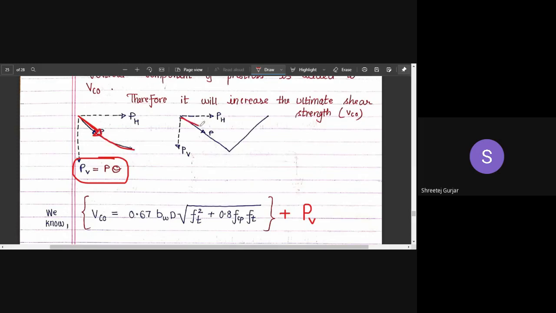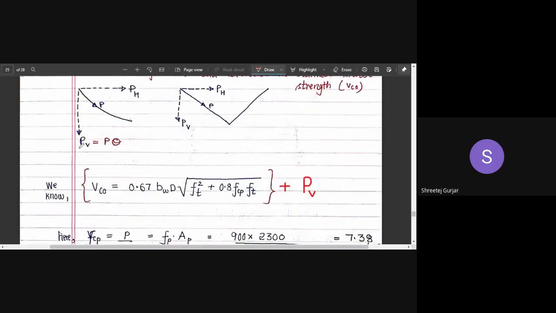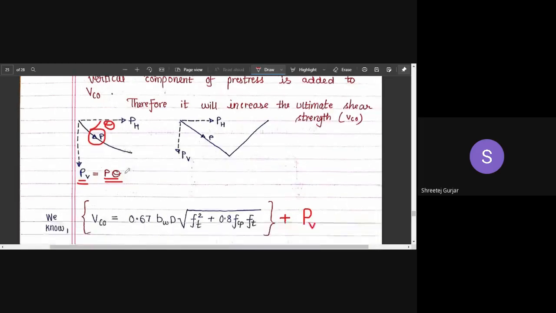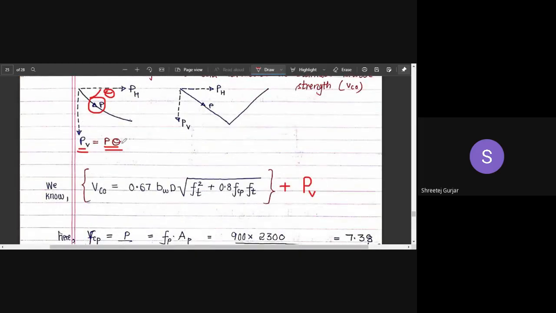It may be a straight tendon or it may be a parabolic cable. In both the cases, it is inclined, it is not horizontal. It is inclined to a certain angle. So we have to add that to your equation. The vertical component PV is equal to P theta. What is P? P is the pre-stressing force, and theta is the angle of inclination. So this is P theta, which we need to add to the equation VCO.